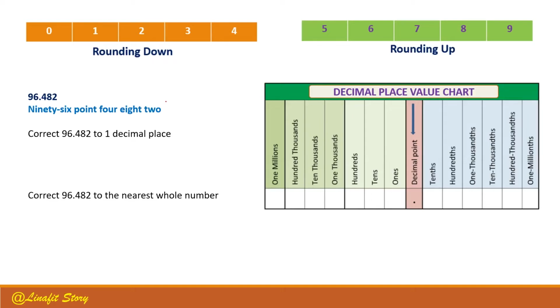And then this one, 96.482. 9 tens, 6 ones, 4 tenths, 8 hundredths, and 2 thousandths. Now, correct to 1 decimal place. One decimal place is the digit 4.